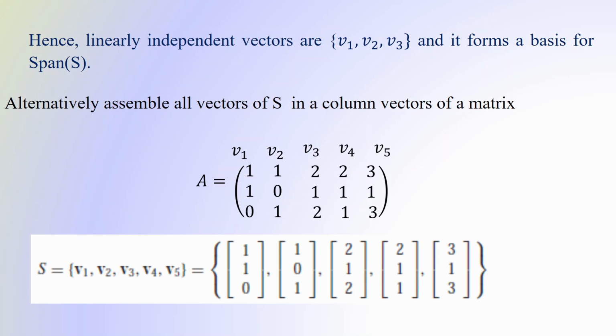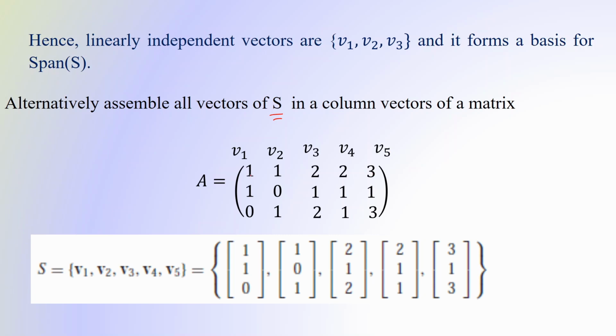So, we can assemble all the vectors of S in a matrix as columns. V1 is 1 0, V2 is 1 0 1, V3 is 2 1 2, V4 is 2 1 1, V5 is 3 1 3.